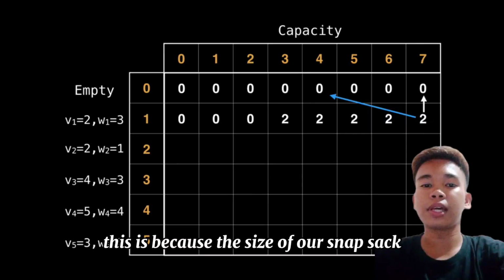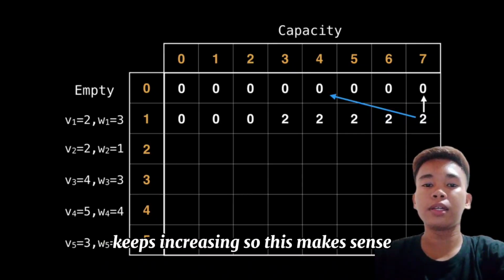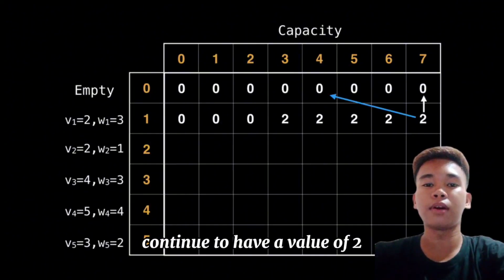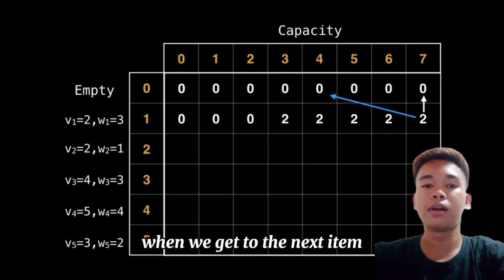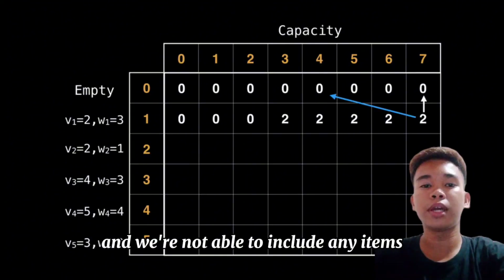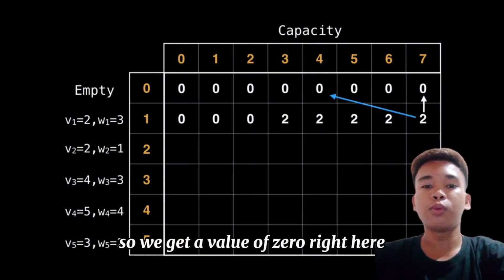This is because the size of our knapsack keeps increasing, so this makes sense. So the rest of this row will continue to have a value of 2. When we get to the next item, our column is 0, so our capacity is 0 and we're not able to include any items. So we get a value of 0 right here.